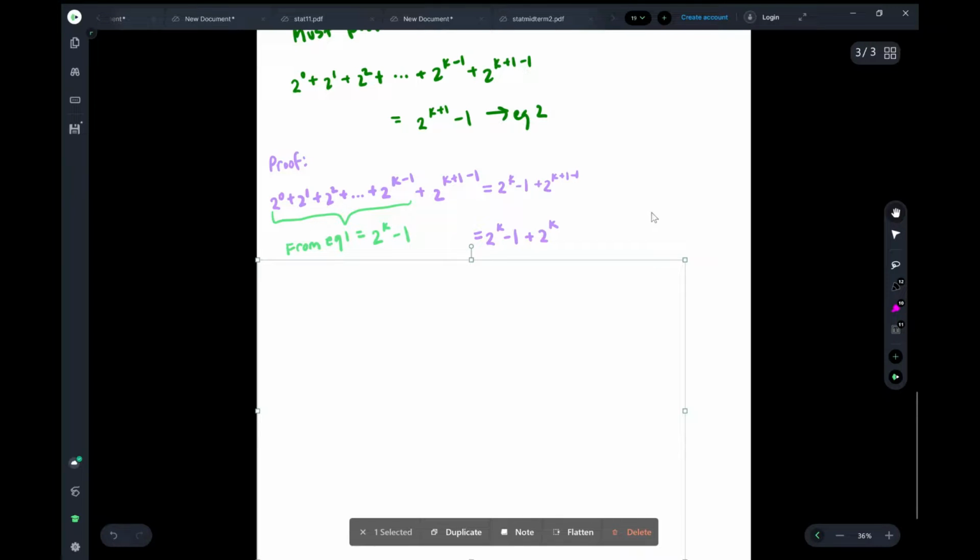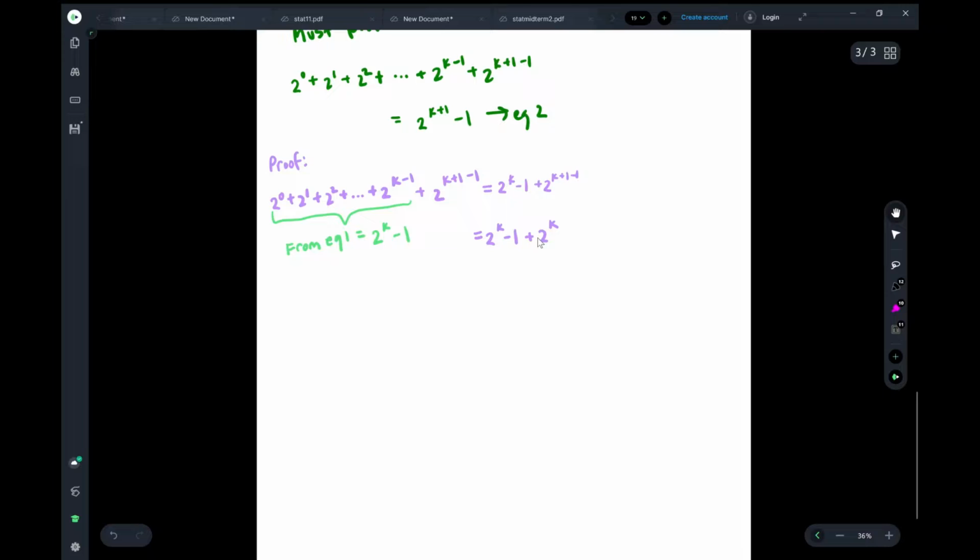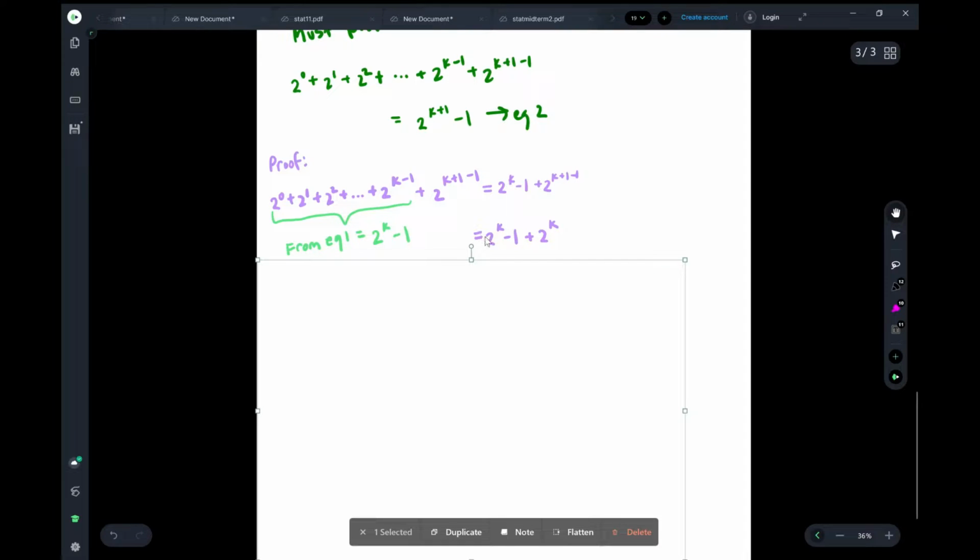Using this, we can simplify the whole thing to 2^k - 1 + 2^k. We get this 2^k from this part, since 2^((k+1)-1) is equal to 2^k. That's how we get that 2^k.